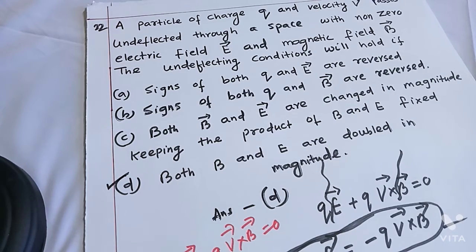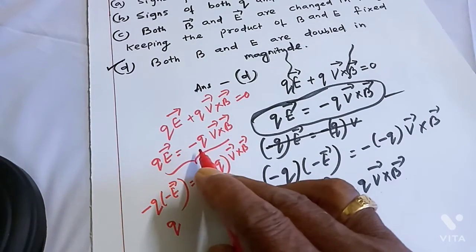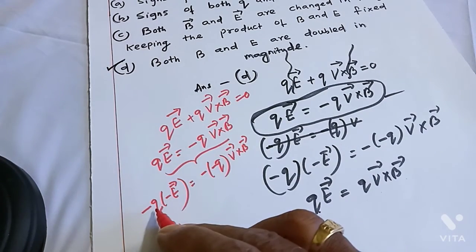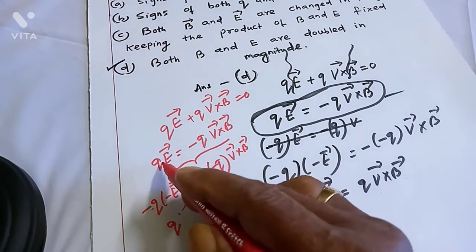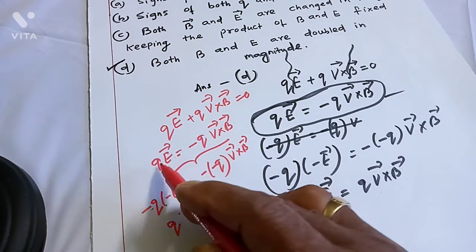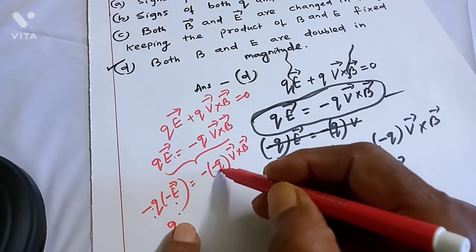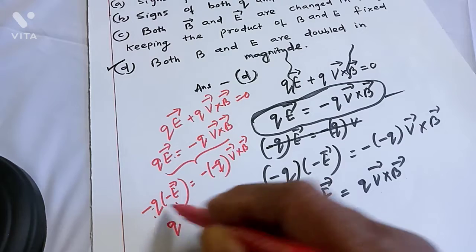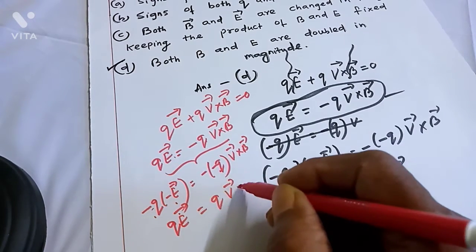Now we have QE equal to minus Q V cross B. If the signs of Q and E are reversed, Q becomes minus Q, E becomes minus E. So here minus Q minus E equals minus Q V cross B, so it becomes QE equal to Q V cross B.